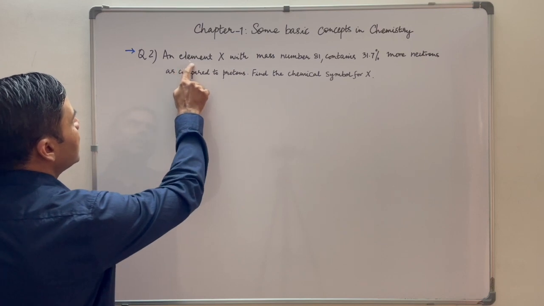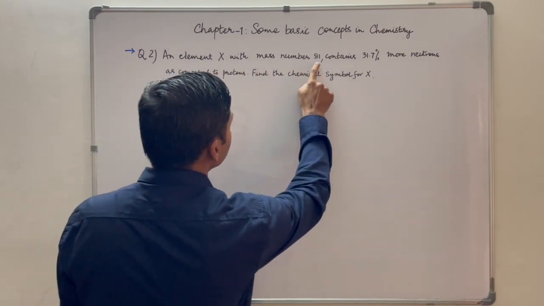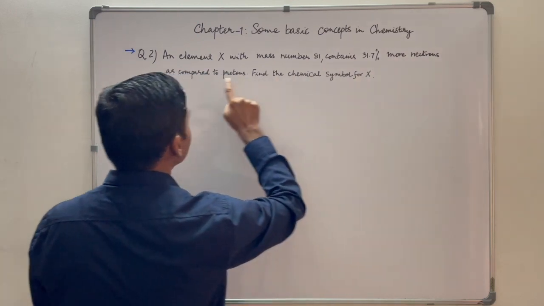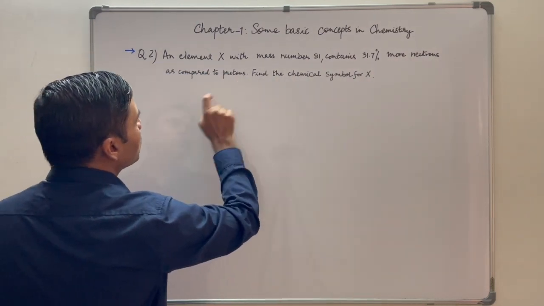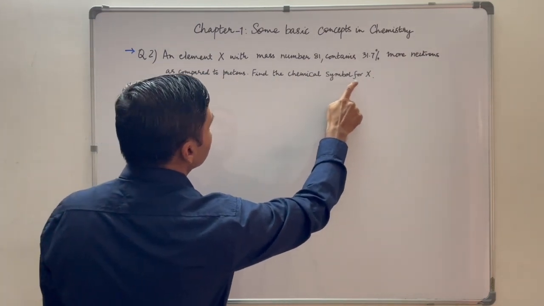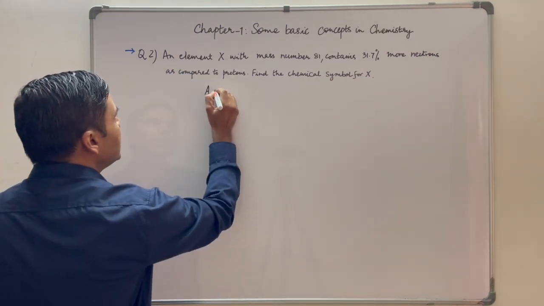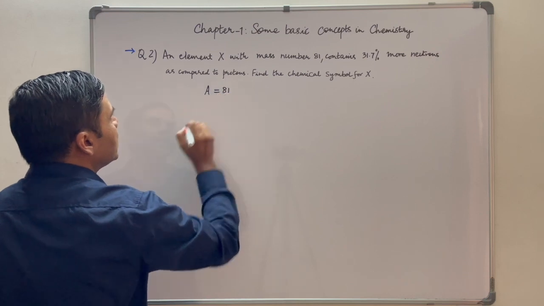Second question, an element X with mass number 81 contains 31.7% more neutrons as compared to protons. Find the chemical symbol for X. It is given as mass number A is equal to 81.